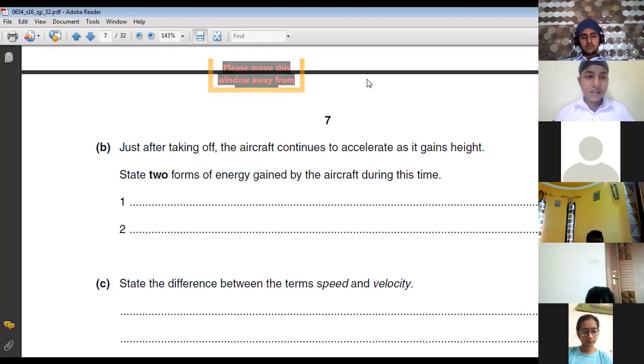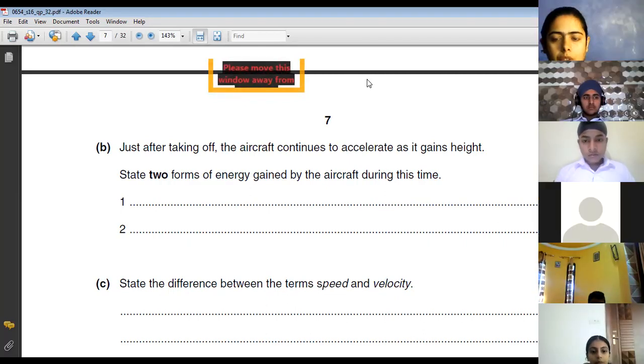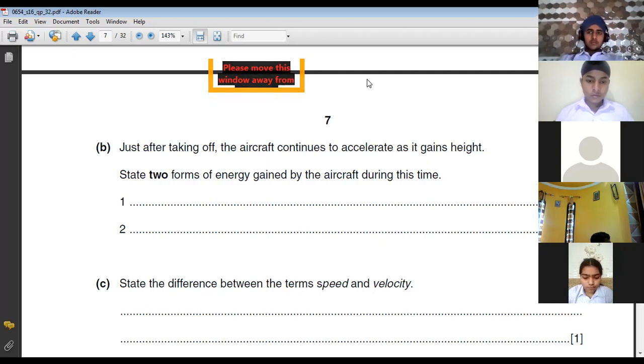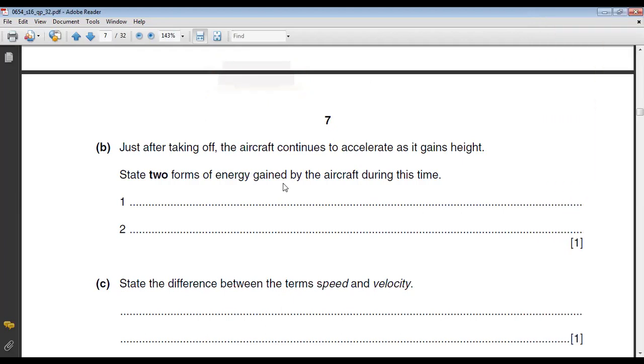Ma'am, speed can be in any direction and velocity is in one direction. Okay, speed in any direction, velocity in one direction. Problem? Unmute. Yes, ma'am, same only. Speed is scalar and velocity is vector. Direction in speed is different, speed can be in many directions and velocity is in only one. Very good, very good. So you can have any 1 point out of all, okay?